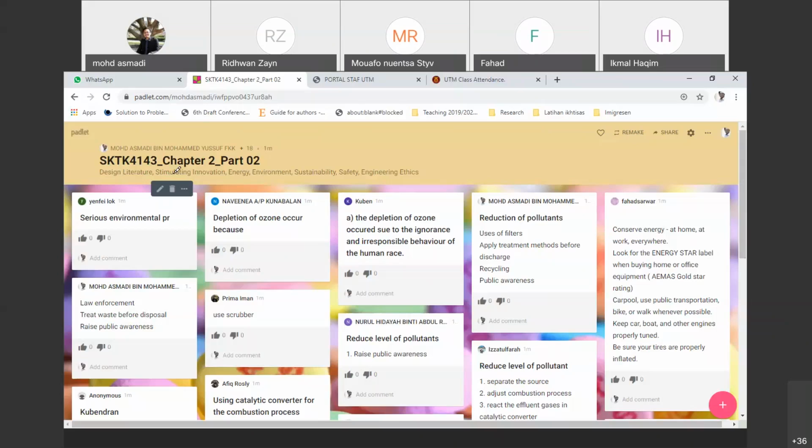The concentration increases. So the chlorine is going to react with the ozone, and it is going to decrease the layer of the ozone.